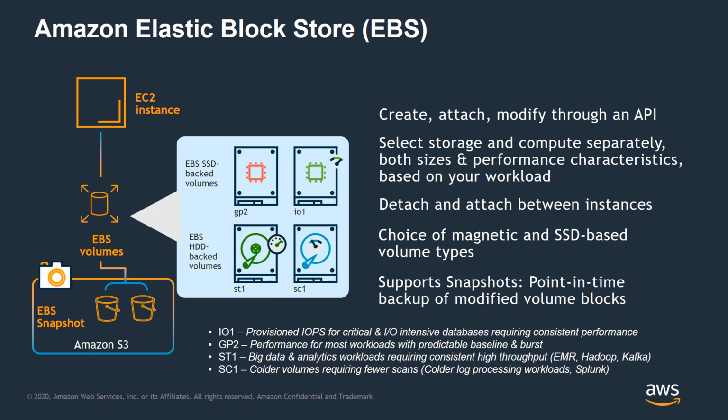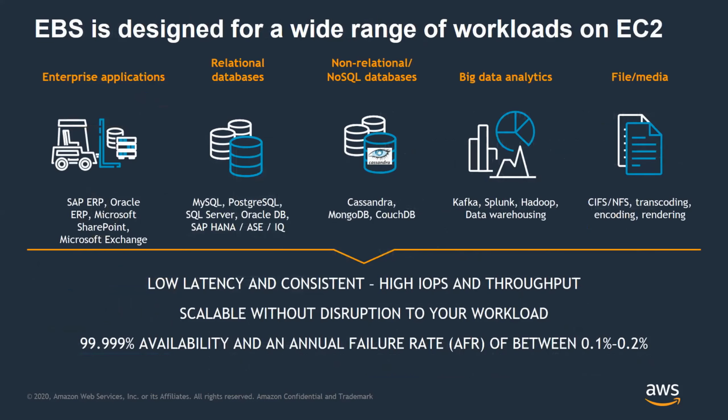So lots of different options from a storage and performance perspective, right? And EBS is used across the gamut, whether it's relational databases or non-relational NoSQL, pretty consistently, most data-oriented workloads that have any sort of performance requirement.